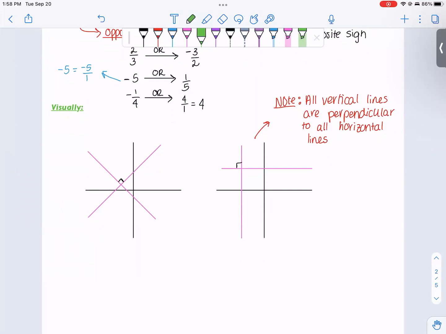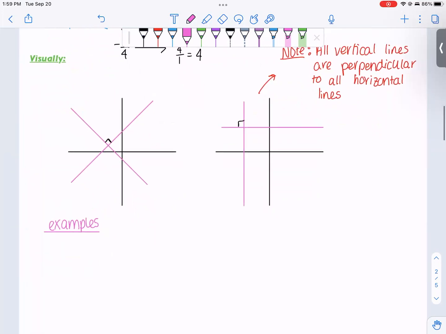For algebraic examples, something like y equals 2/3 x plus 1 and y equals -3/2 x. These are perpendicular lines.